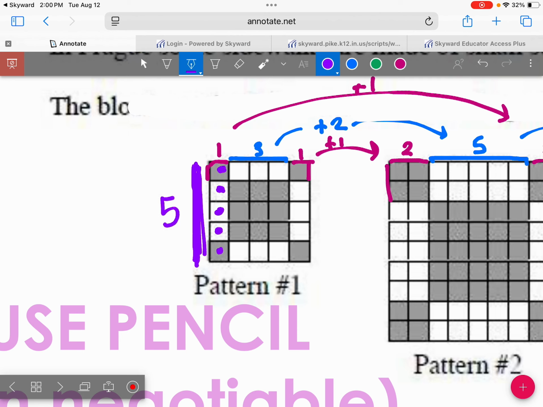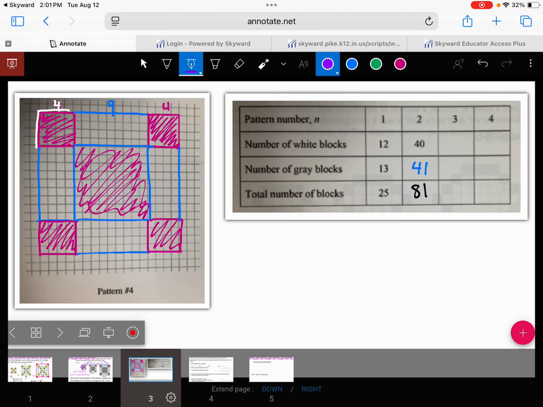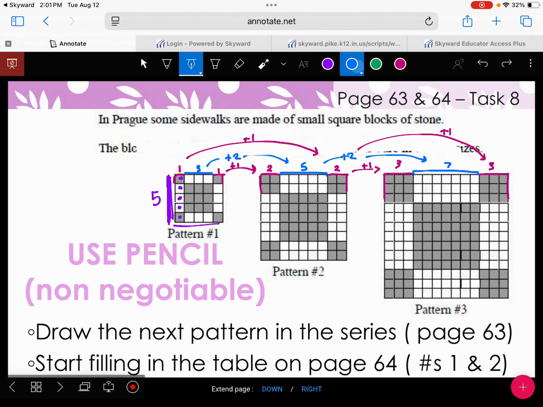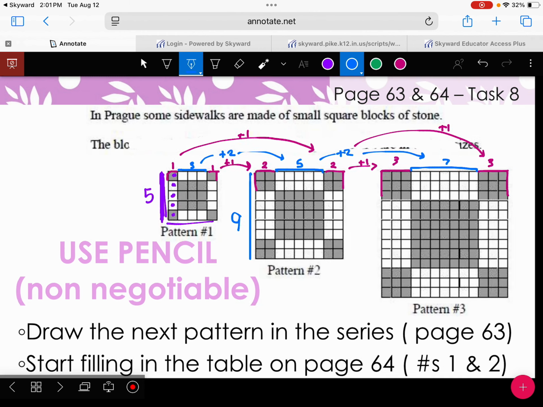This is 5 blocks high by 5 blocks across, which is why it gets 25 blocks. And our pattern number 2 is 1, 2, 3, 4, 5, 6, 7, 8, 9 blocks by 9 blocks, which is why it has 81.